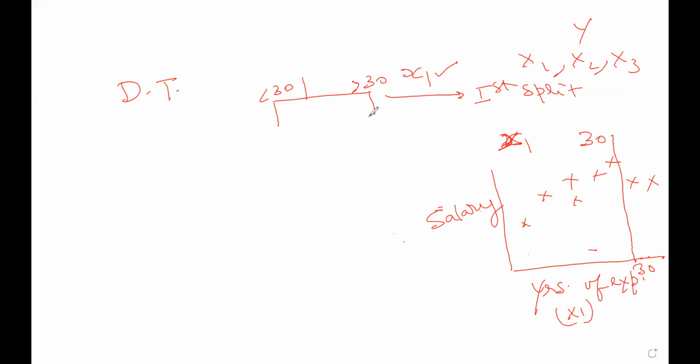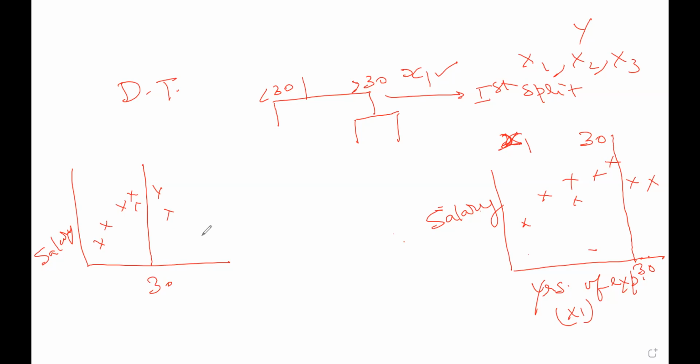Maybe after that, the second split is happening at the number of hits. So again, I use salary, right? And already I have two zones which are available with me. Right? Okay, say this was 30. We have done this. So now on this, I am going to further split.